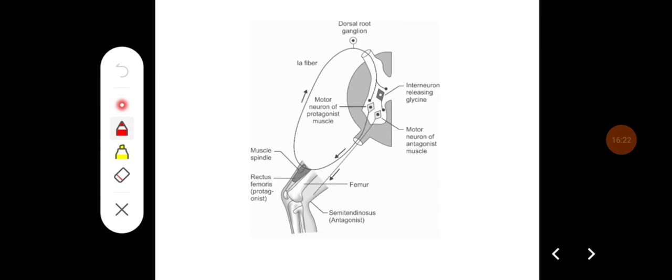So here, when the muscle is stretched, it is going to cause contraction of the agonist muscle, and one of the collaterals from afferents goes to the interneuron, which is going to inhibit the motor neuron of the antagonist muscle, and it leads to the relaxation of the antagonist muscle, and this is called reciprocal innervation.